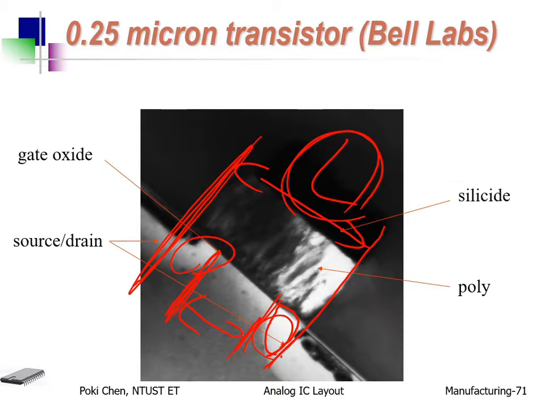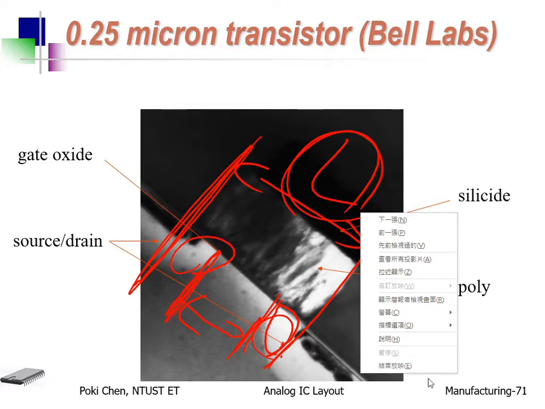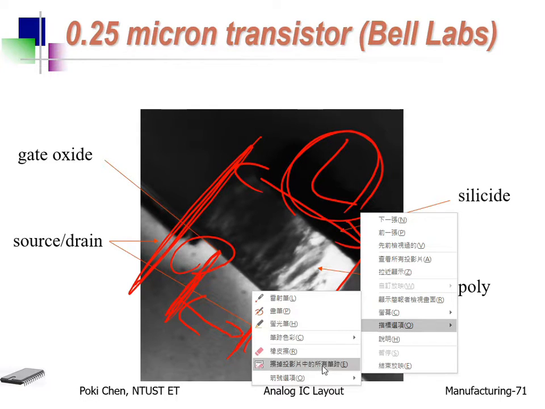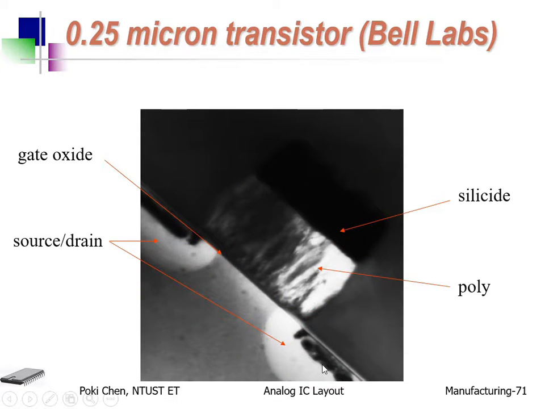Okay? And then, on the surface of the polygate, you have something very black. What is that? Metal layers. We try to diffuse some kind of metal atoms inside your silicon crystal. For what? To enhance the conductivity.